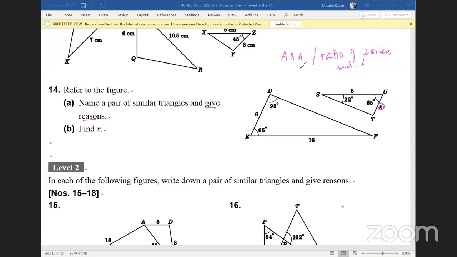You need to give some evidence. We don't know what x over 6 is. Therefore, in this case, we can just try this one because you can see that we have a lot of information.